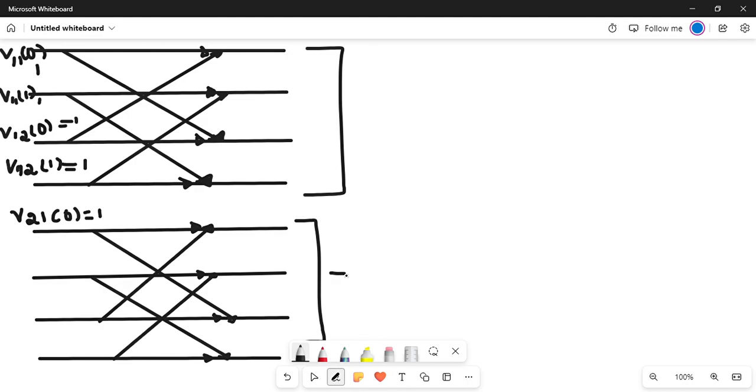This DFT is the combination of that. Okay, so it is v21 of 1. So here see, all the inputs are the same. Please remember. Fine.